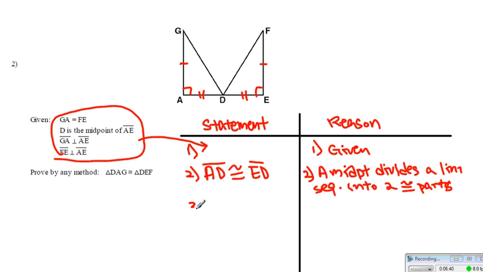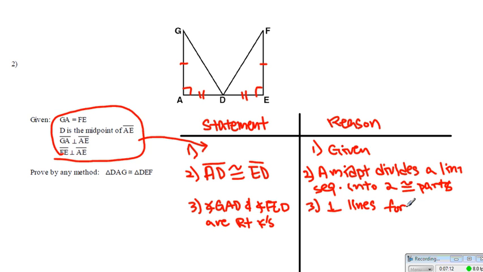All right, so number three. After we have said that, we have to say angle GAD and angle FED, those are right angles. Now, statement number three, because perpendicular lines form right angles.